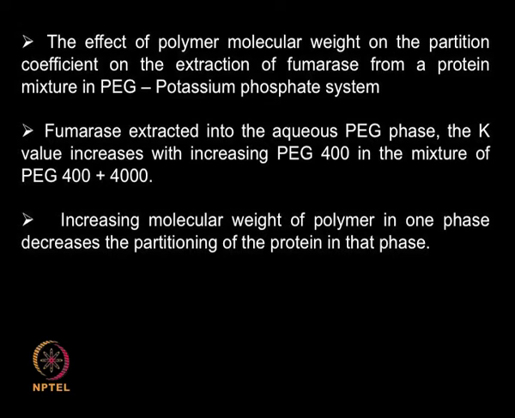The K value, that is the partition coefficient, changes as I change the molecular weight of PEG from 400 and keep moving right up to 4000. Increasing the molecular weight of polymer in one phase decreases the partition of the protein in that phase. So if I move from 400 to 4000 in one phase, the partitioning of the protein in that particular phase decreases.